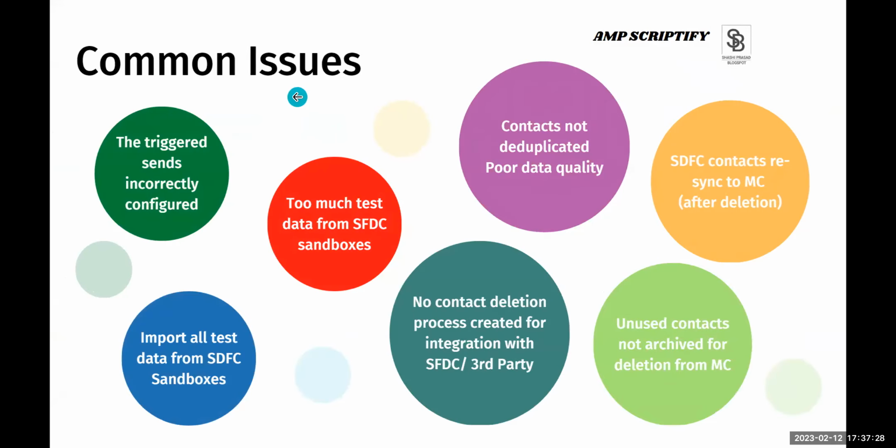Now, these are the most common issues that do arise. They lead to a lot of issues with your query optimization, and with your contacts, subscribers, and all. I'll try to show some of them as well. The first one is when you're configuring the trigger send, and if you're not well equipped with how to configure trigger send, then you'll be losing a lot of things or configuration items.